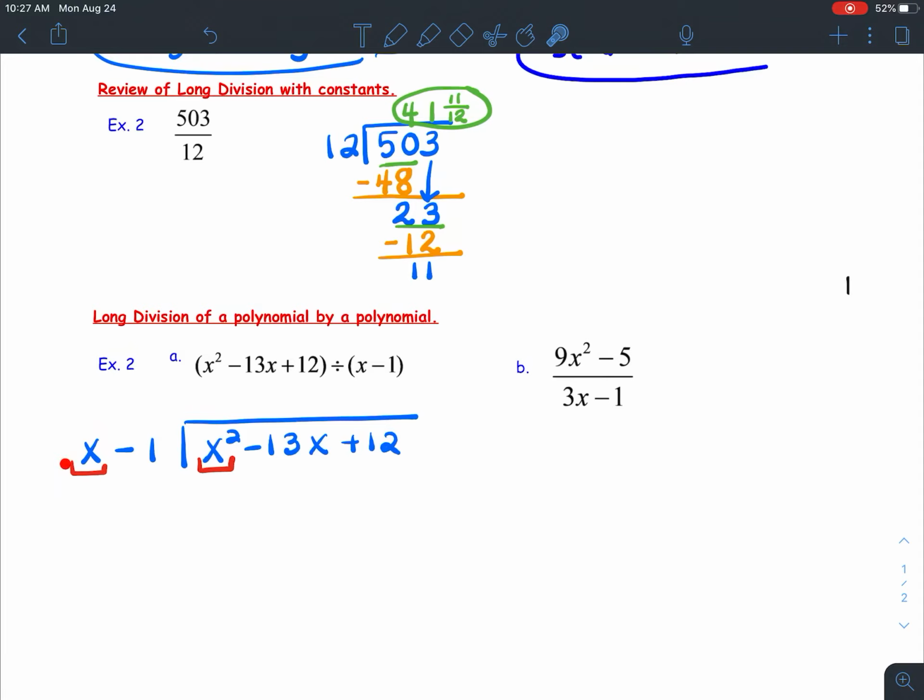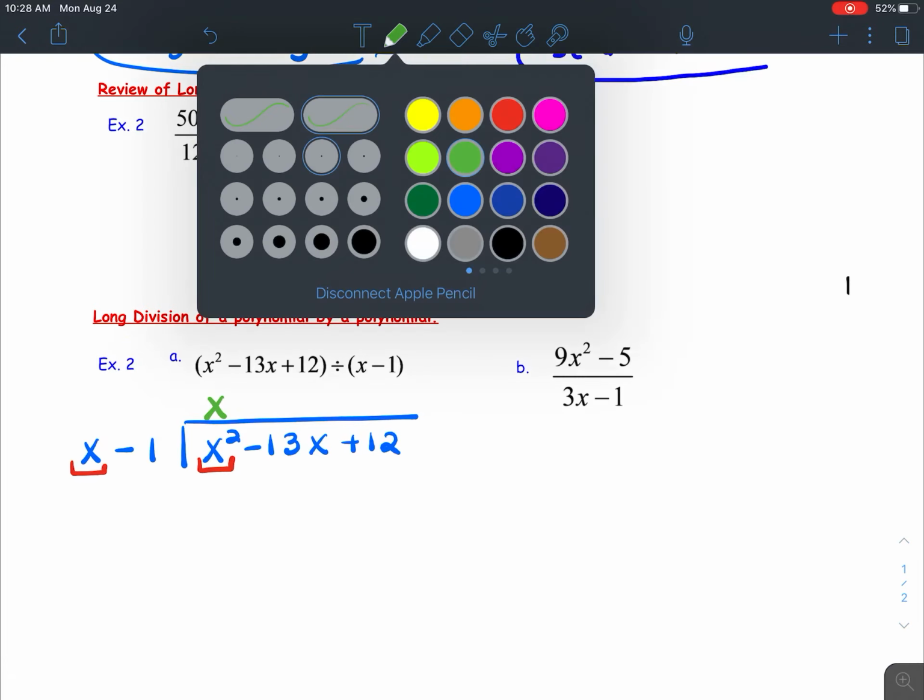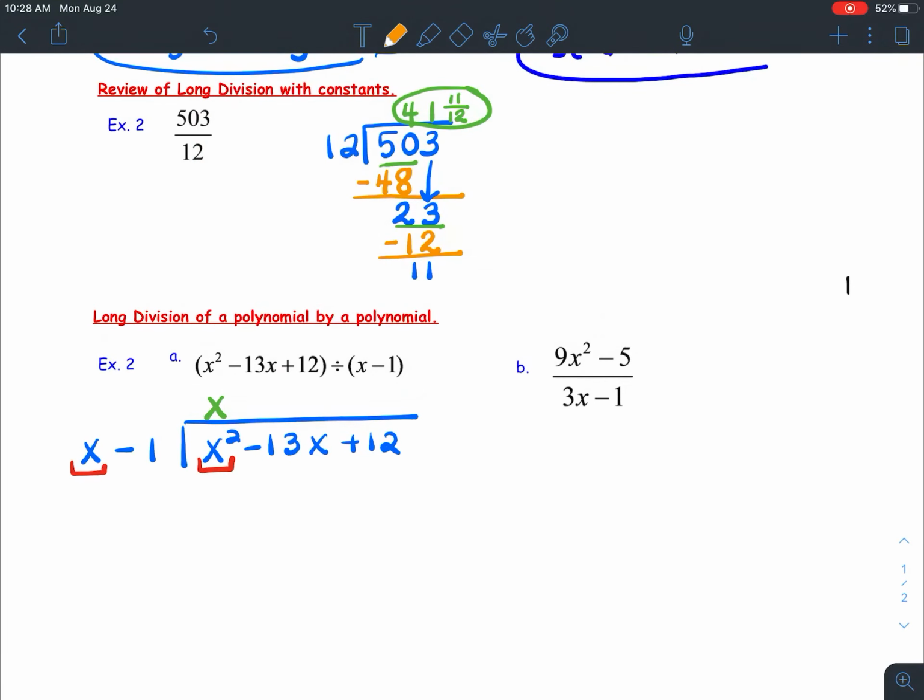And the question you're asking yourself is, what could you multiply x by to get it to look like an x squared? Okay, like we were trying to get 12 to look like a 50, but we couldn't quite get it there, so we had to get as close to 50 as we could. But in this case, there is something I could multiply x by that would make it look like this first term, x squared, and the answer is multiplying it by another x.